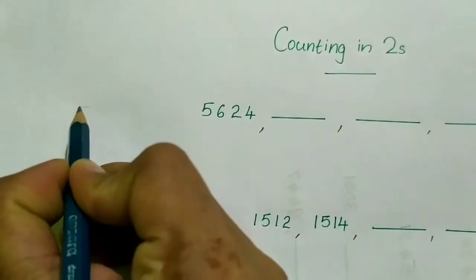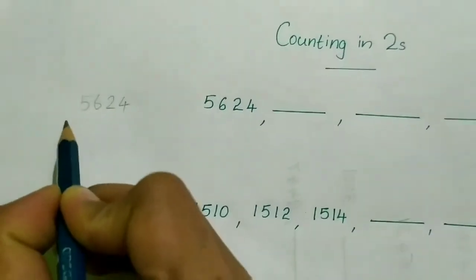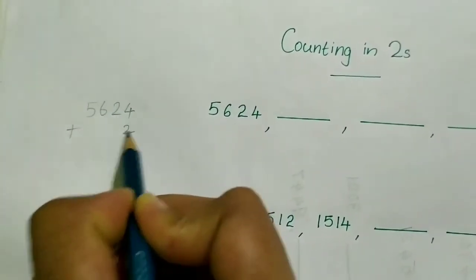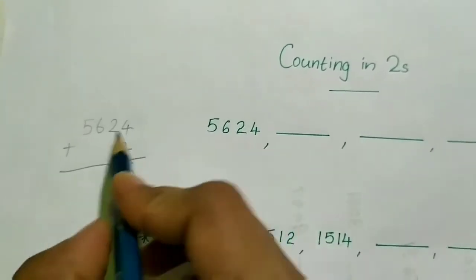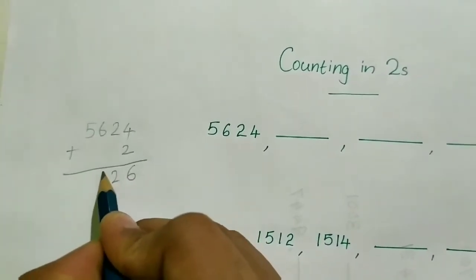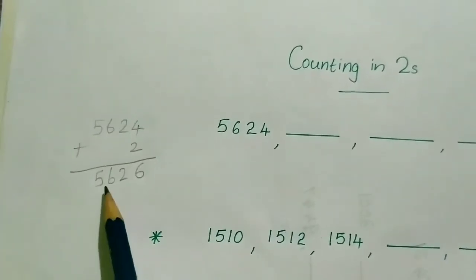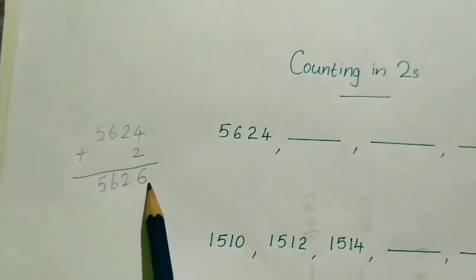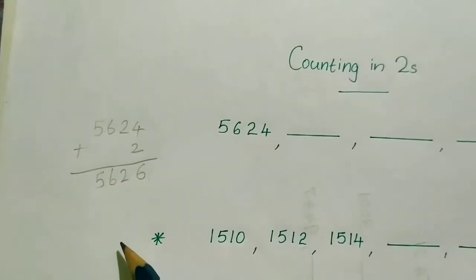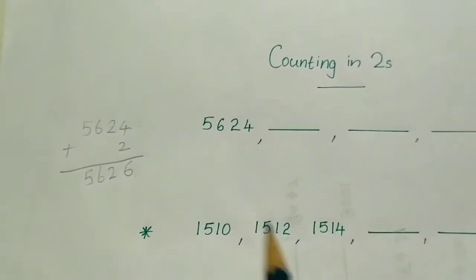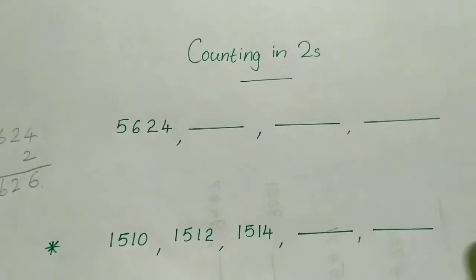Like this, 5624 plus 2. That is 4 plus 2, 6. Here 2 itself, here 6, 5. So we will get the number 5626. But this is a long procedure. So we will do this through a simple method.